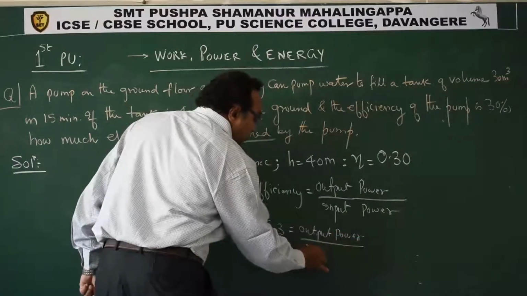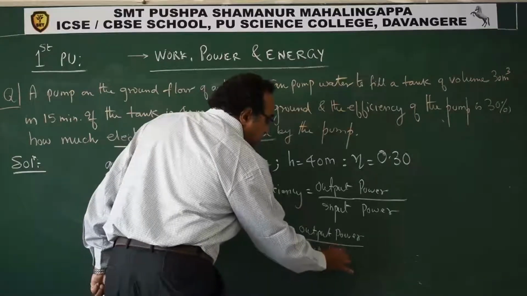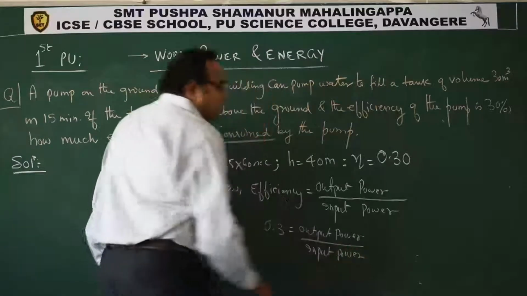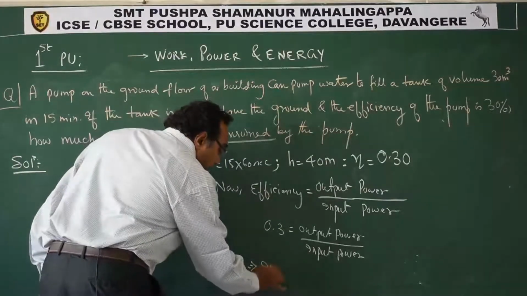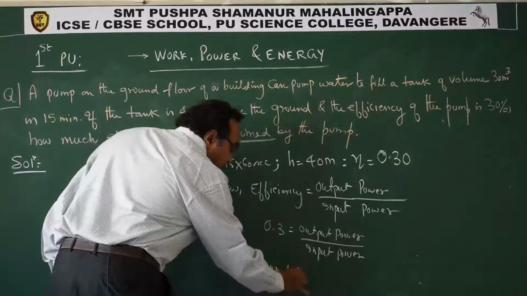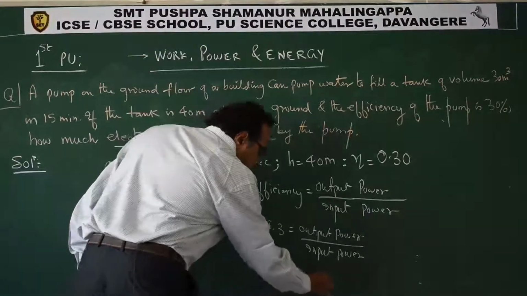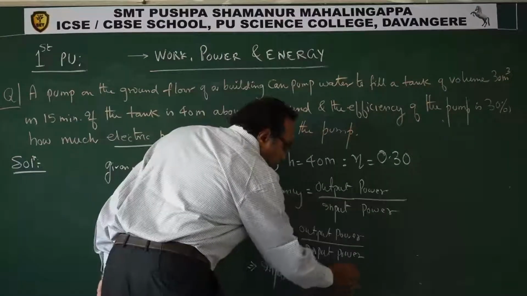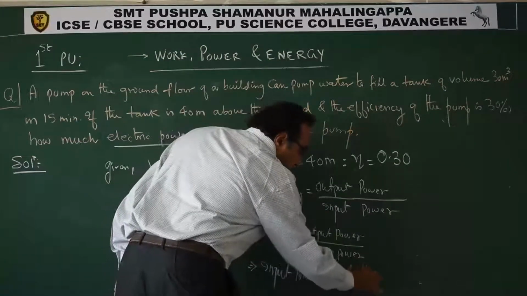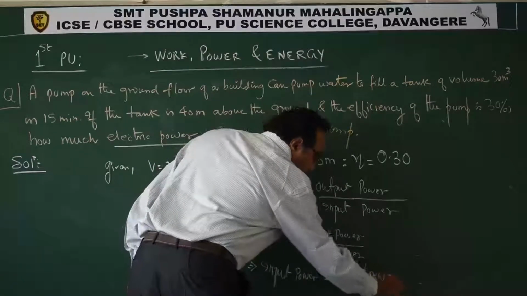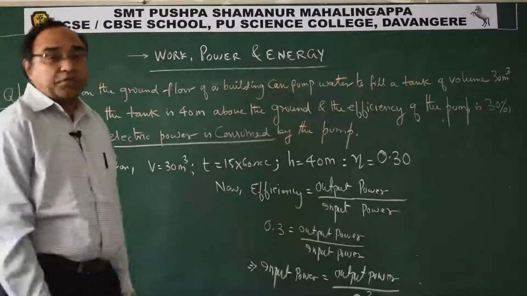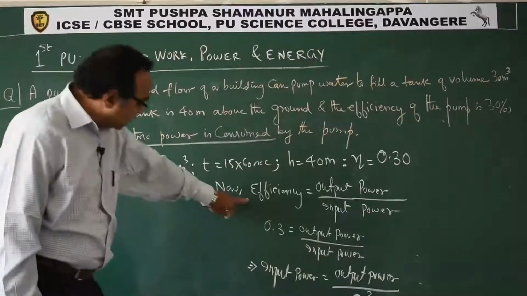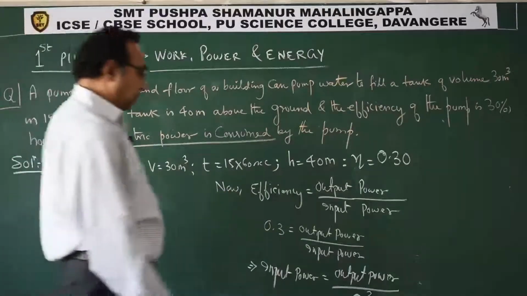We need input power, so therefore we can say input power supplied is output power upon 0.3. Till here it is fine. It is simply the equation of efficiency.